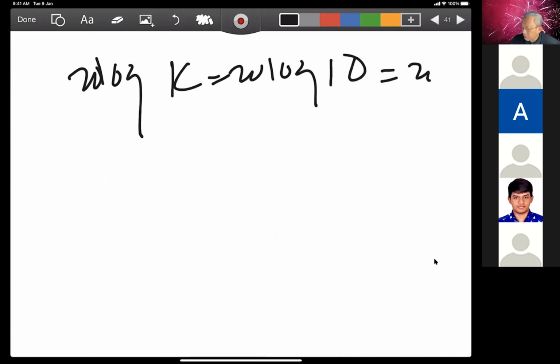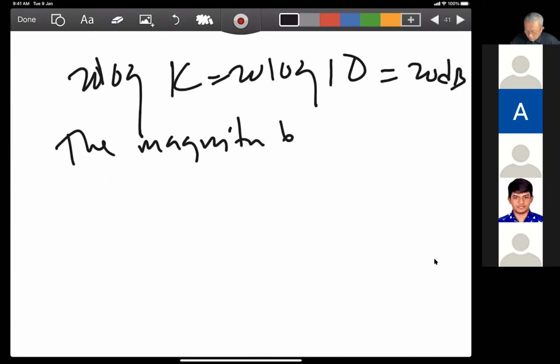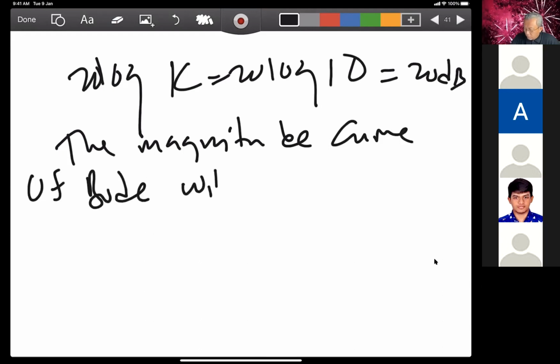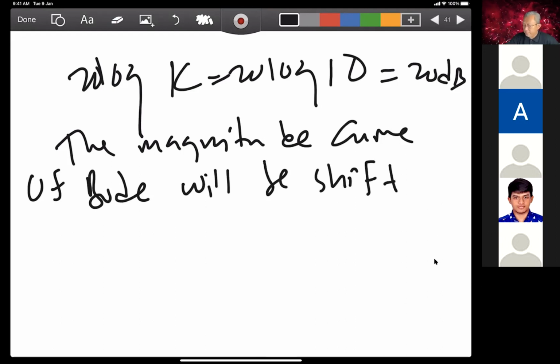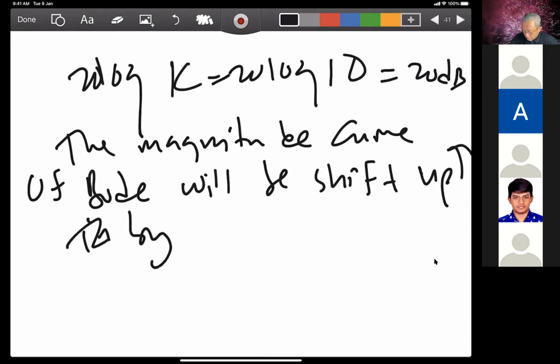So it is 20 decibel. So the magnitude curve will shift up by 20 decibels.